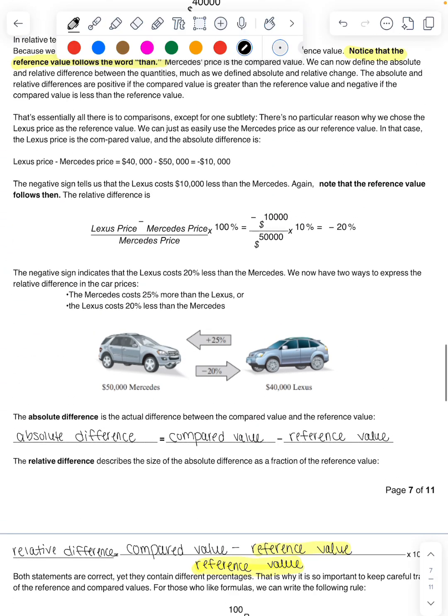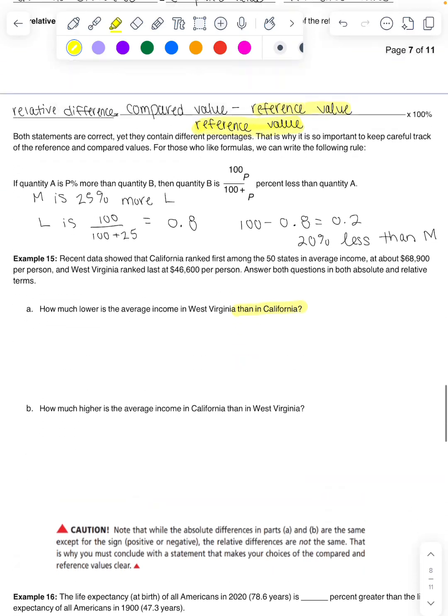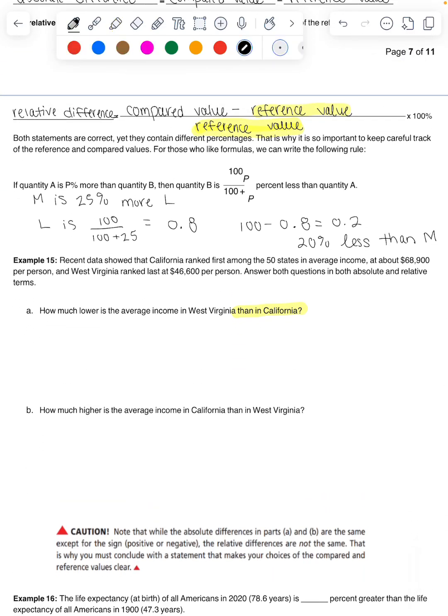Remember up here, we said the reference value follows "than." So California is our reference value.